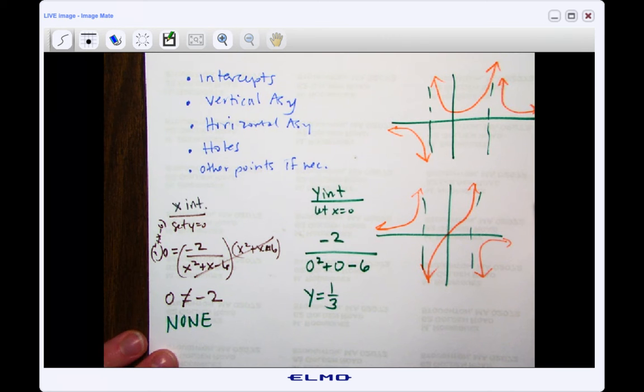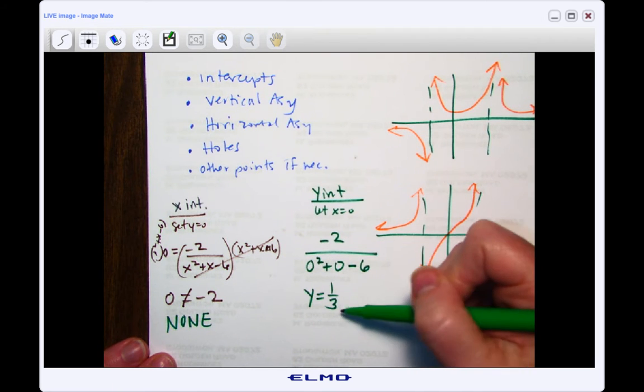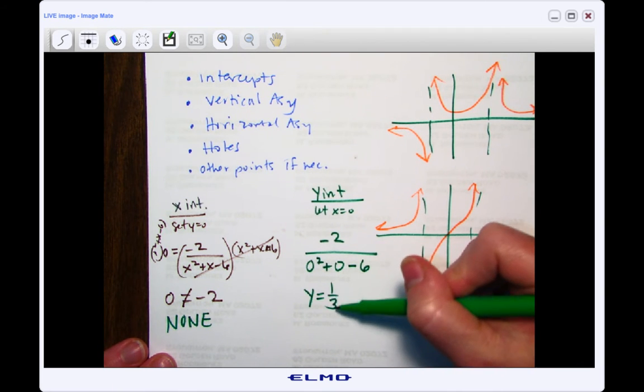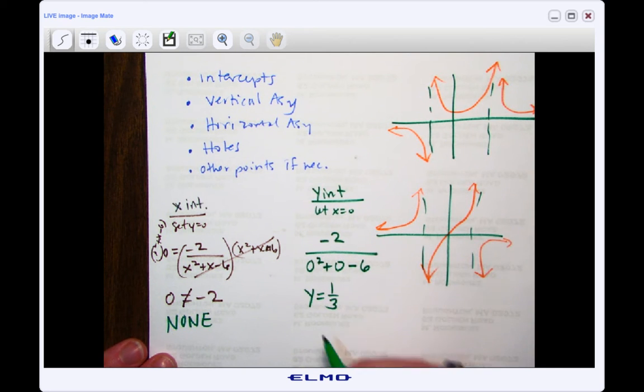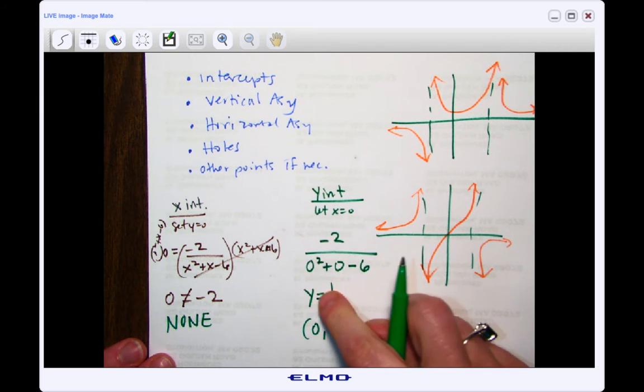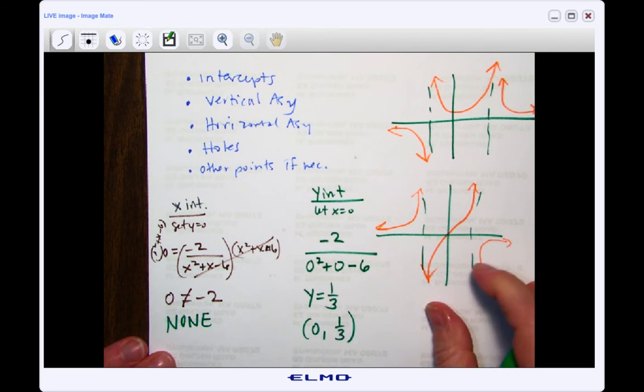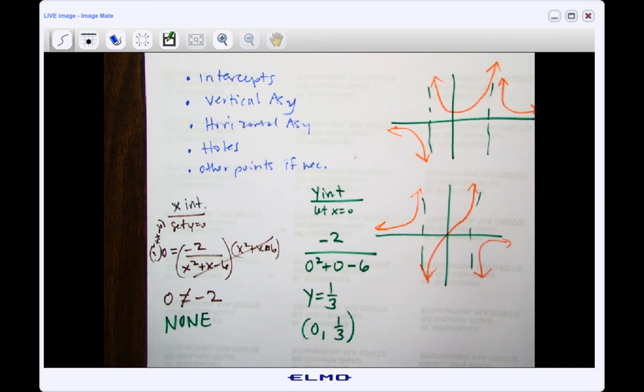And once again, if you're talking about y-intercepts, you can say that y equals 1/3 because when you say y-intercept, it's implied that the x is 0. Or you can actually write it as (0, 1/3). I would actually accept either of these for a y-intercept. Okay, so we did number 1 on our checklist.